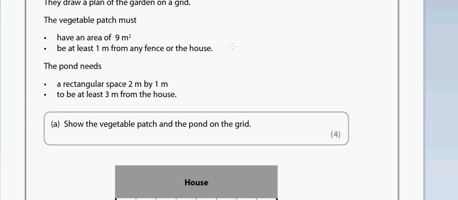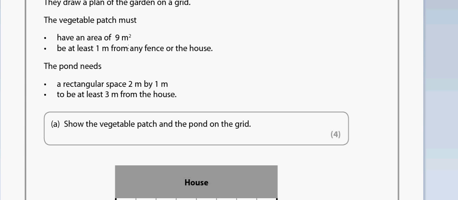Now the vegetable patch must have an area of 9 meters squared. Now we know that area is meters times meters, so to get 9 meters squared we could have 1 meter by 9, because 1 times 9 is 9, or we could have a 3 meter by 3 meter square.